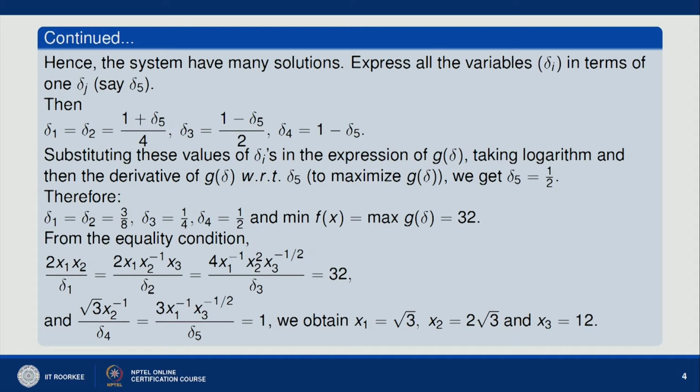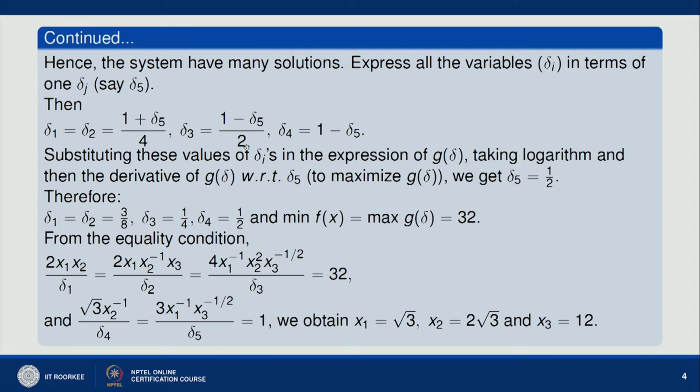After solving, we obtain delta 1 equal to delta 2 equal to (1 plus delta 5) by 4, delta 3 equal to 1 minus delta 5 by 2, and delta 4 equal to 1 minus delta 5. This we can obtain very easily by solving these equations.